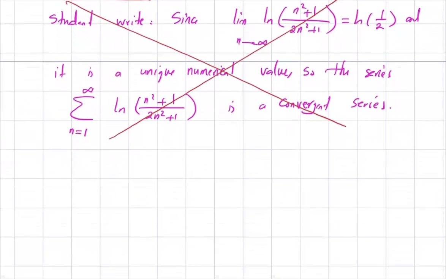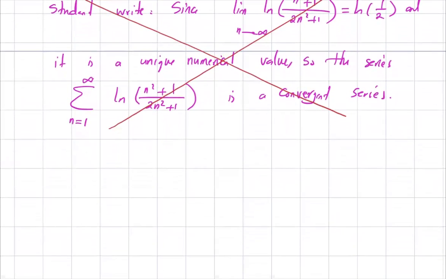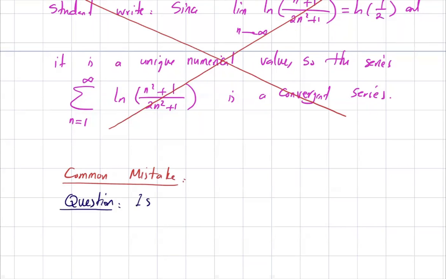The second common mistake that we see on the exam is answering a question wrong. The question is, is the sequence an equal to ln of n squared plus 1 divided by 2n squared plus 1 a convergent sequence?